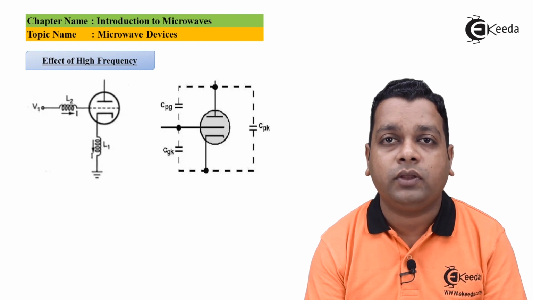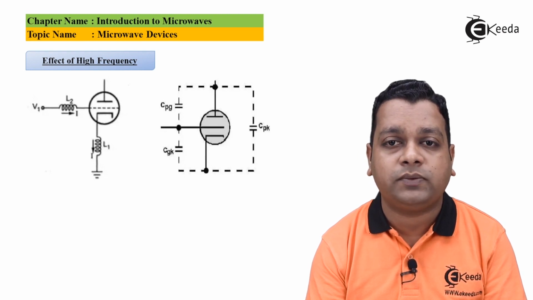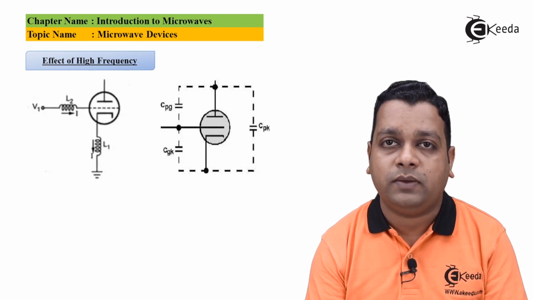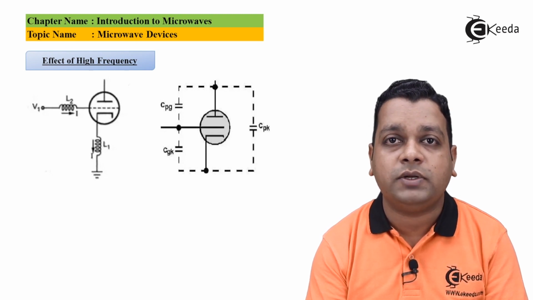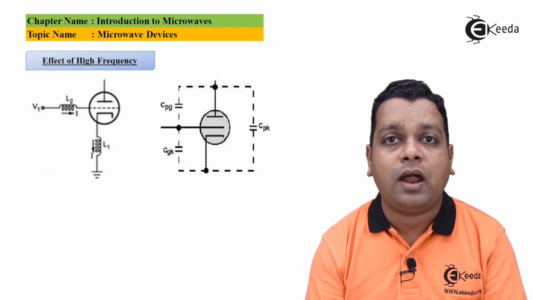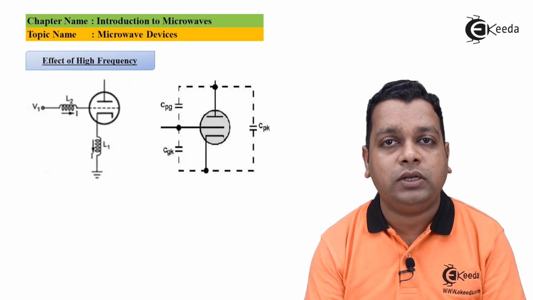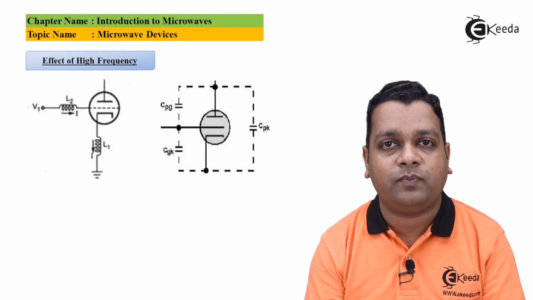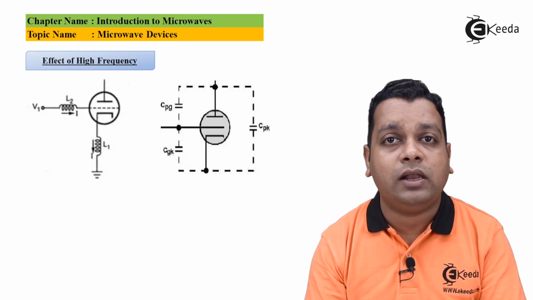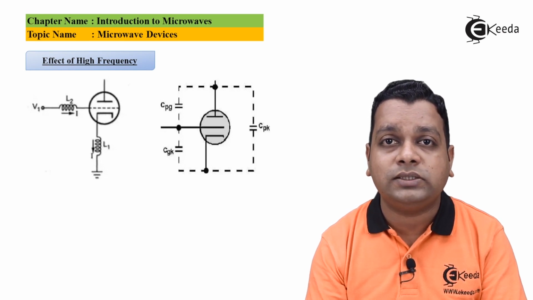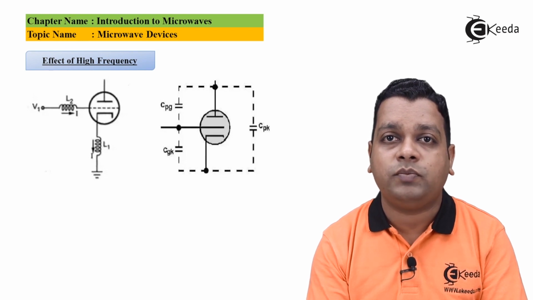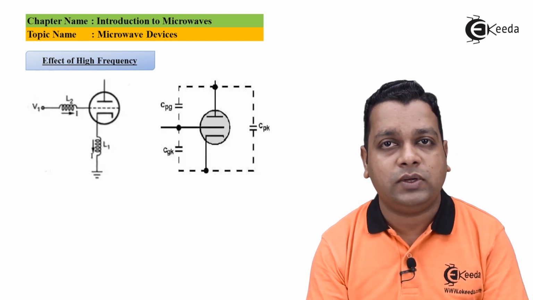You can see the capacitances have been mentioned as CPG, CGK and CPK, with the plate represented by P, the cathode represented by the symbol K and the grid represented by small g, as you can see in the diagram. Also for the lead inductance effect, in the diagram you can see L1 and L2 to be the inductances between the base pin of the device and the electrode pin where we can connect another device.